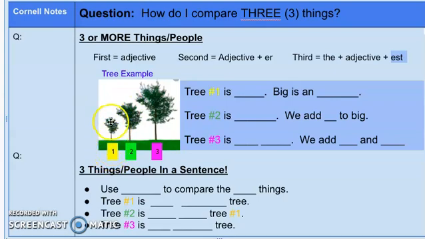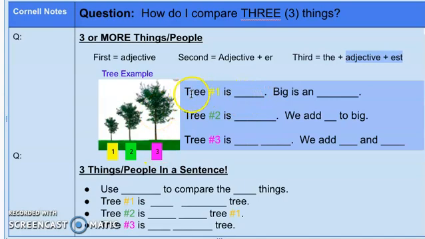Tree number 1 is big. Tree number 2 is bigger. Remember? Tree number 2 is bigger. But now tree number 3 is the biggest. Tree number 3 is the biggest.